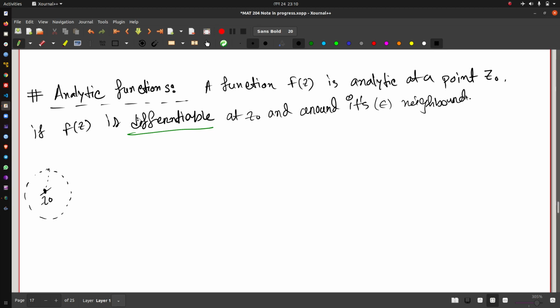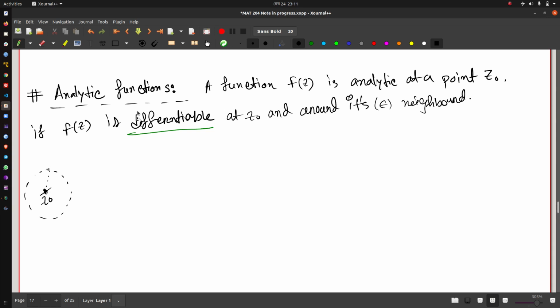So this is where these definitions of neighborhoods and regions come into play. Okay, so this is the definition of an analytic function at a point.